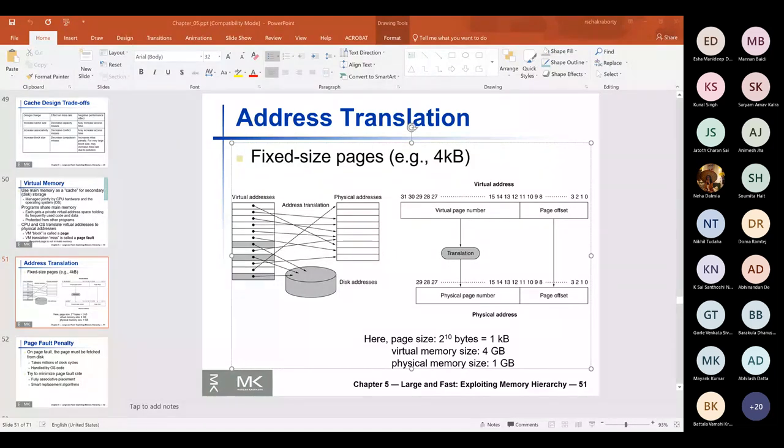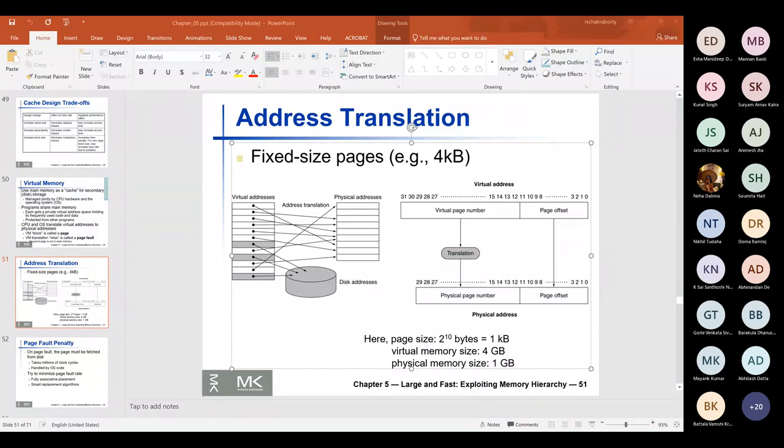However, some of these physical addresses actually correspond to addresses on the disk. Those pages are not there in memory yet. This situation where a translation actually misses is called a physical address translation miss. This type of address translation miss is called a fault.